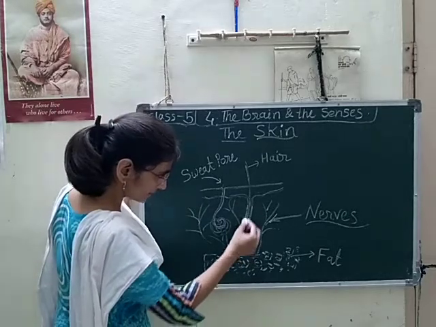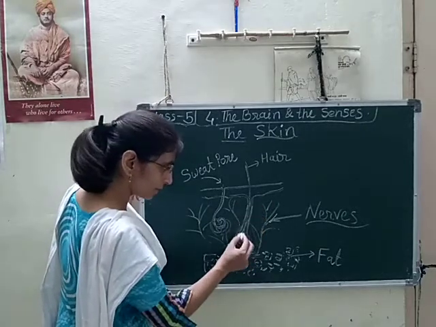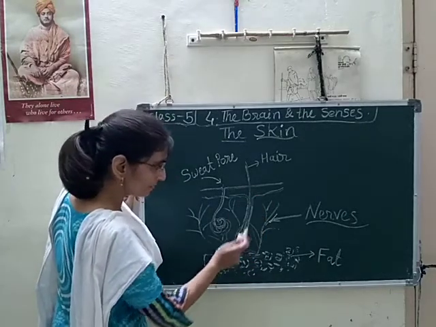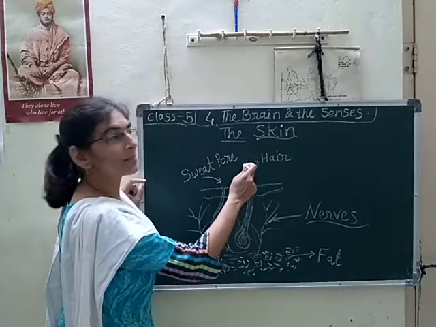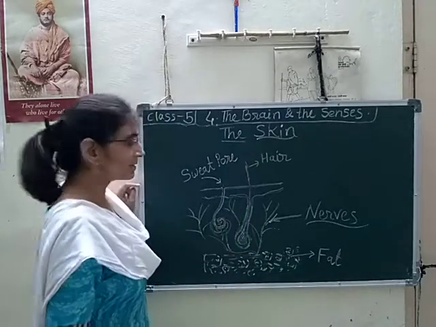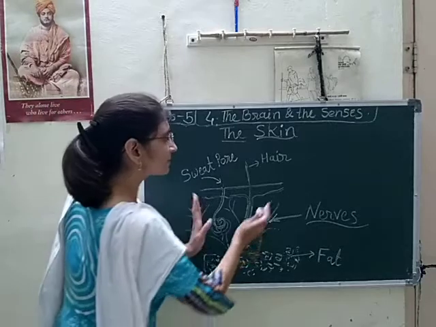We can see this is the root of hair, and from that root the hair comes out of the skin. Then nerves are present.